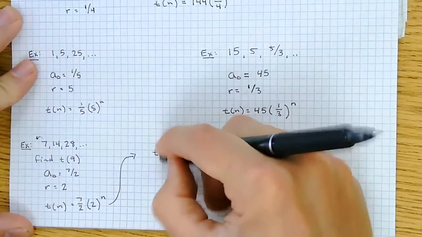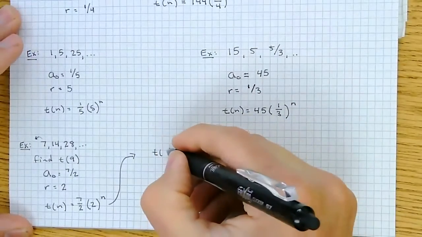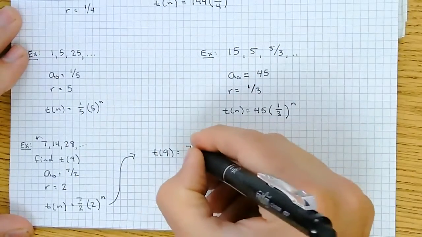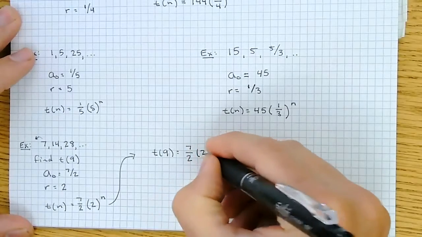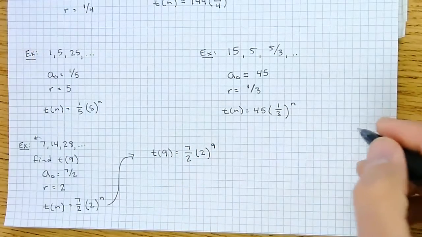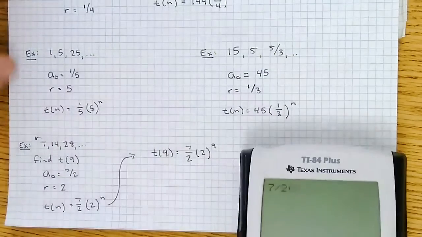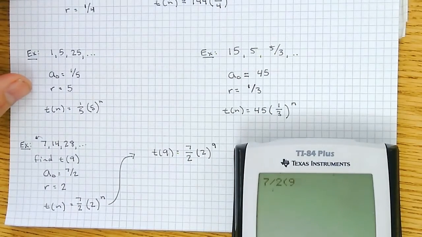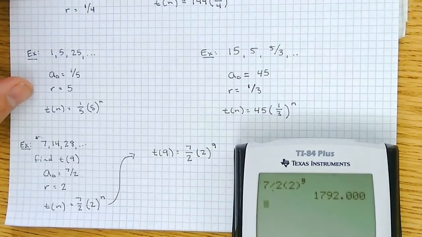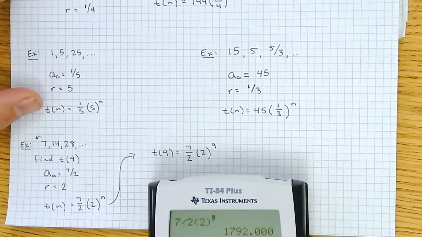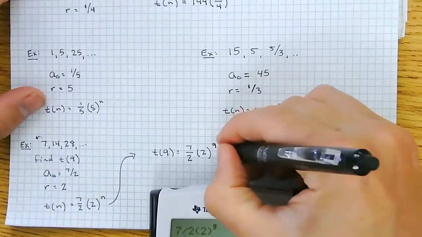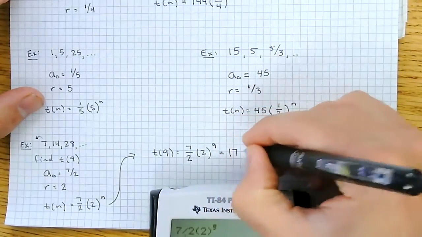If we want to find t of 9, then we're just plugging in 9 for n. And we get 1792. Obviously, you would need a calculator for that. I don't expect you to be able to do that on your own.